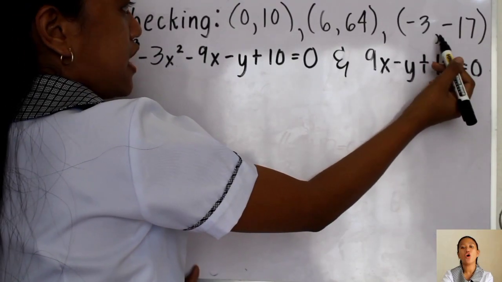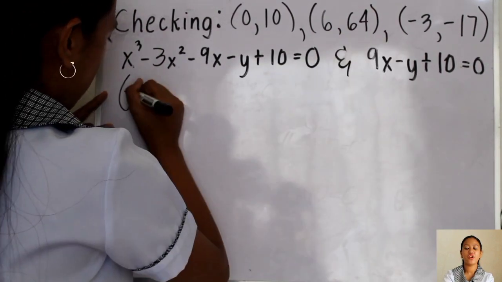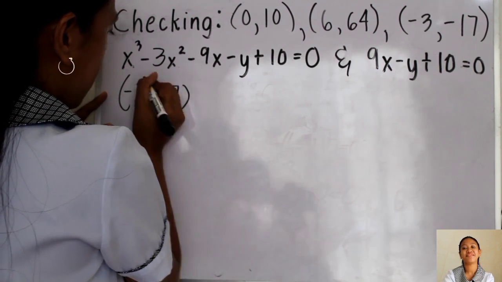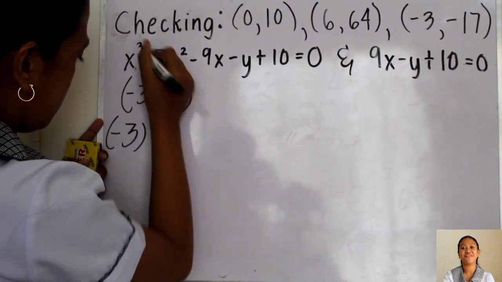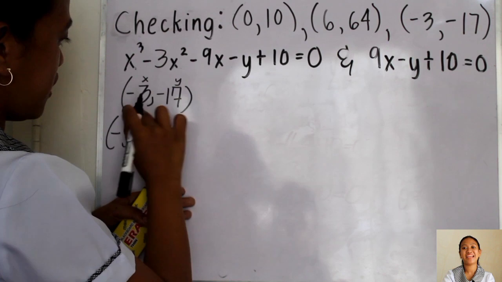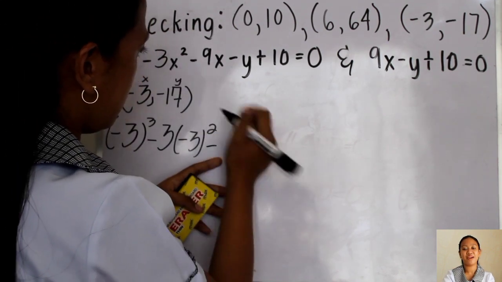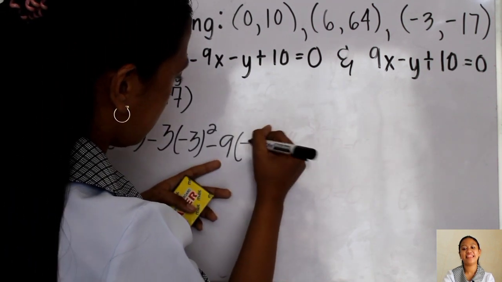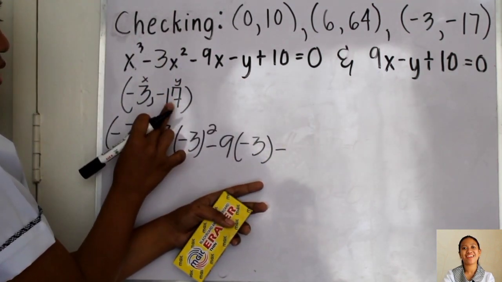We're going to check whether the third solution set is correct or not. So, we replace the x's with negative 3 and the y with negative 17. X cubed becomes negative 3 to the power of 3, minus, copy 3, replace the x with negative 3 to the power of 2, minus 9, replace the x with negative 3, minus, our y is negative 17.